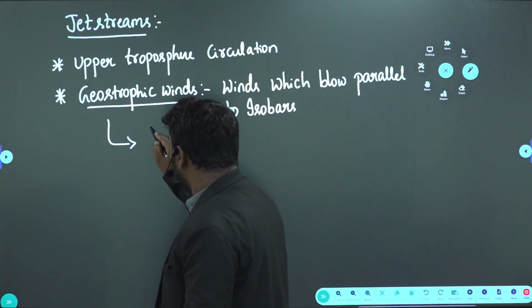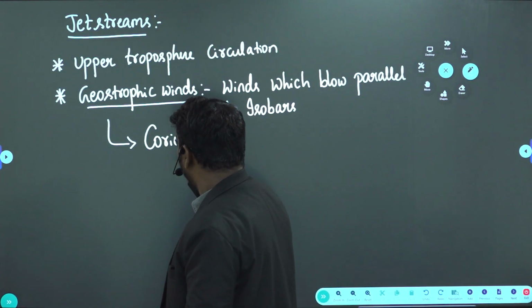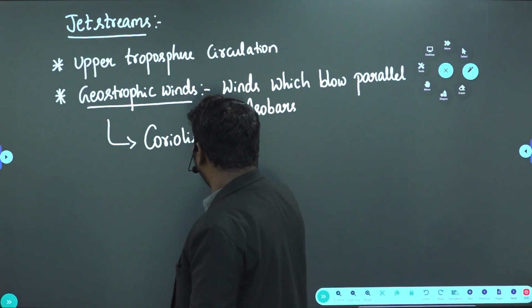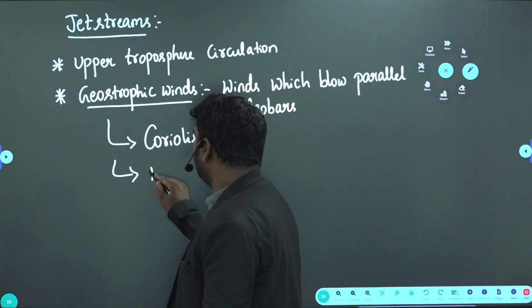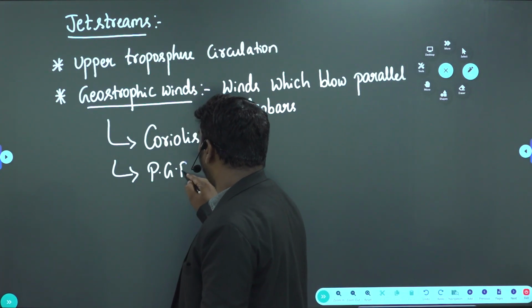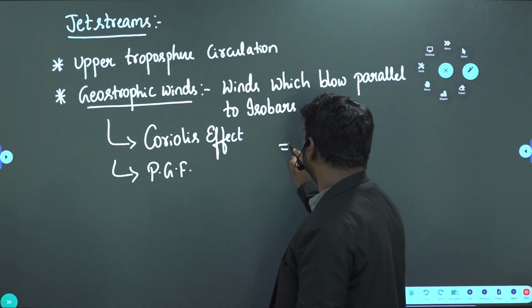One, Coriolis effect. Another one is pressure gradient force.